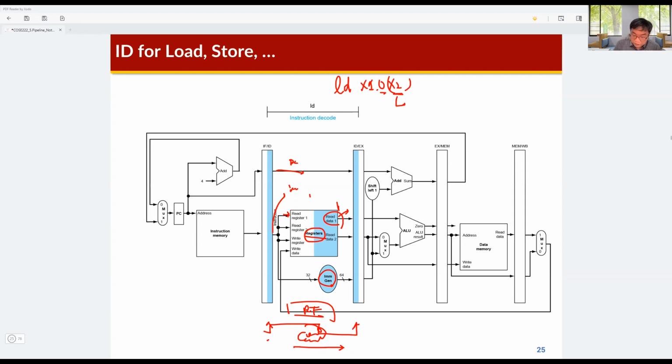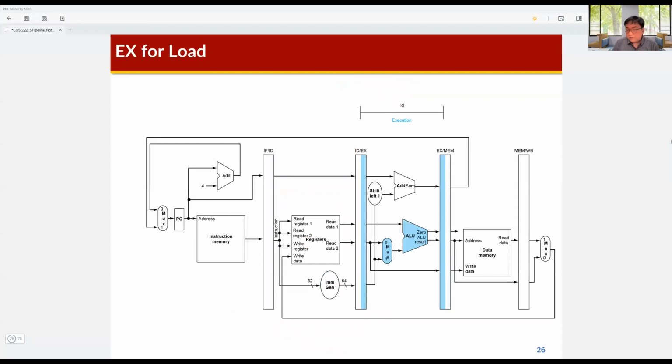And then at the rising edge of the next clock, these are also sampled by clock signals. So the output of the register file and the output of the immediate generator are sampled by this pipeline register, the instruction decoding and execution pipeline register. See? Then it's the same.